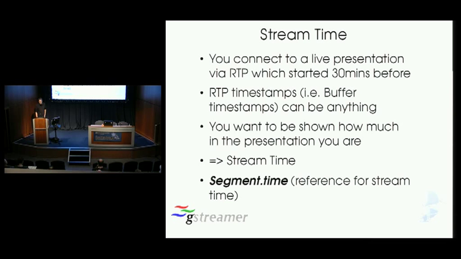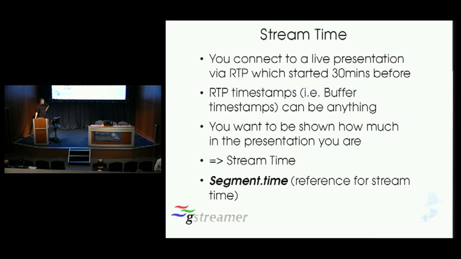An example is if you connect to a live RTP, RTSP session, a presentation that started 30 minutes before, because you hadn't checked your clock and you arrived late. Anyway, you don't care about the RTP timestamps. They can be anything. On the other hand, it would be nice if your player showed you that you're 30 minutes into the presentation, and the time carries on accordingly.